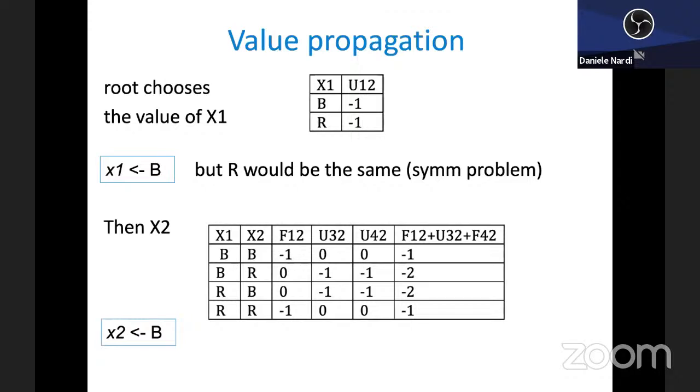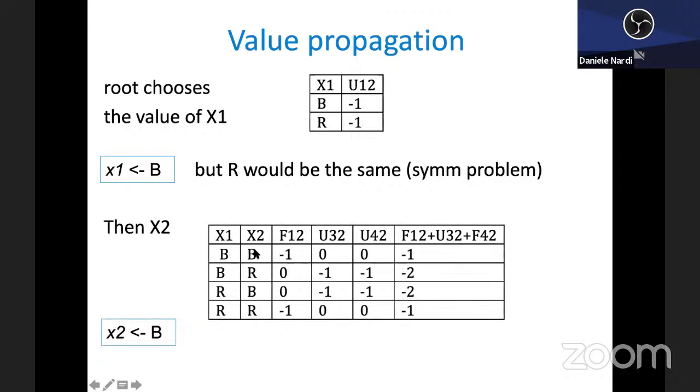Let's assume that the root chooses blue, and then at this point transmits the value blue to the node x2.